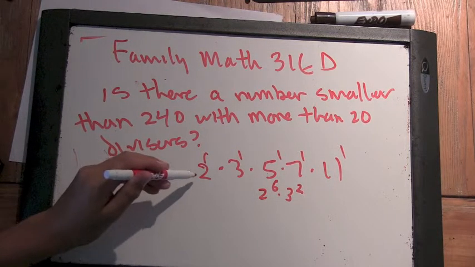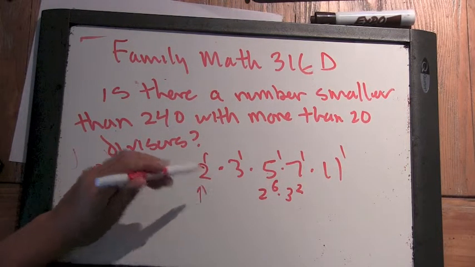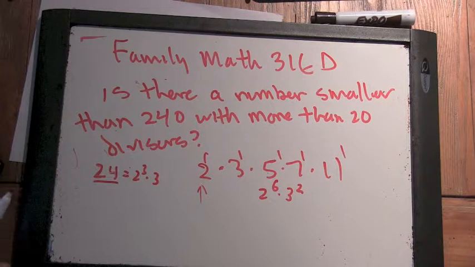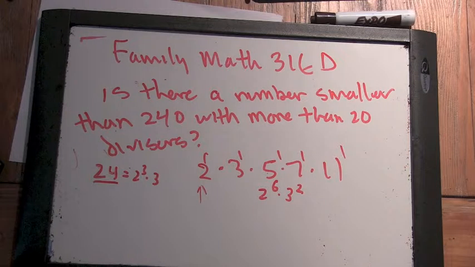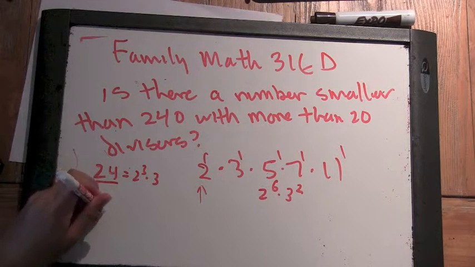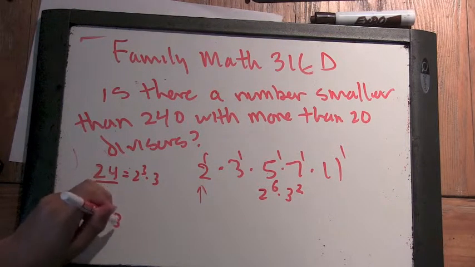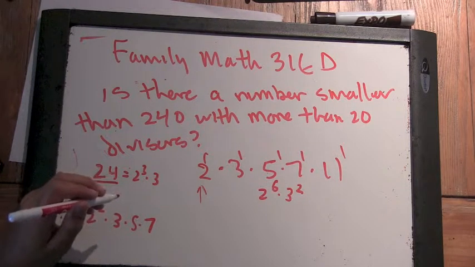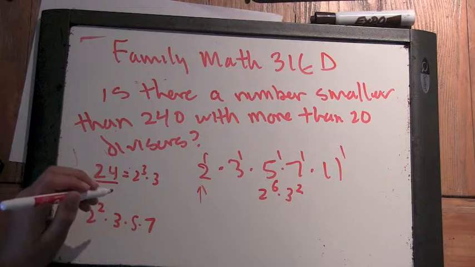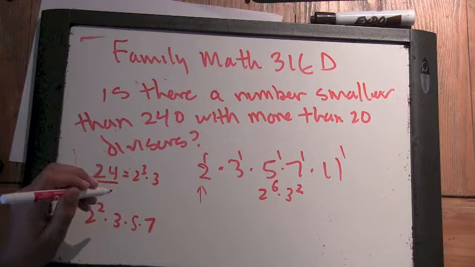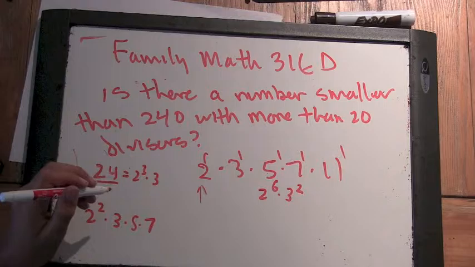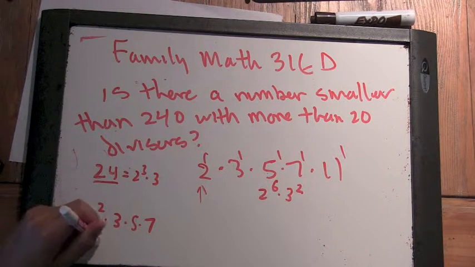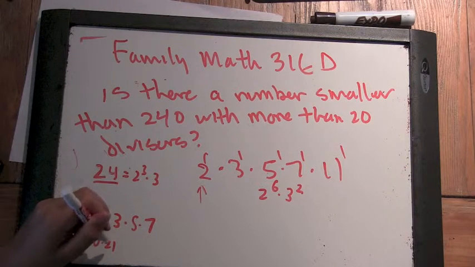We want to keep the 3 to this one, so it would be something squared. So 2 squared times 3 times 5 times 7 is starting to look interesting. It's 20 times 21, so that's too big.